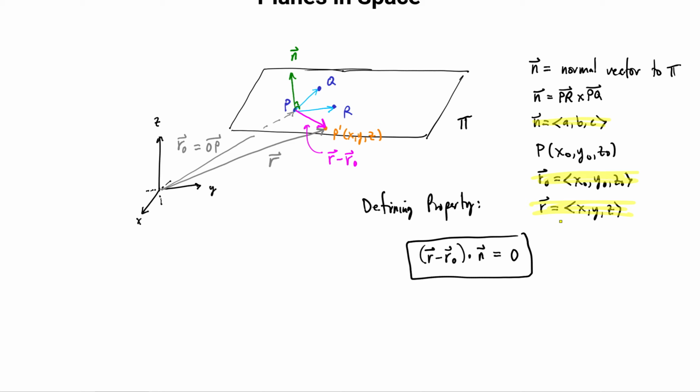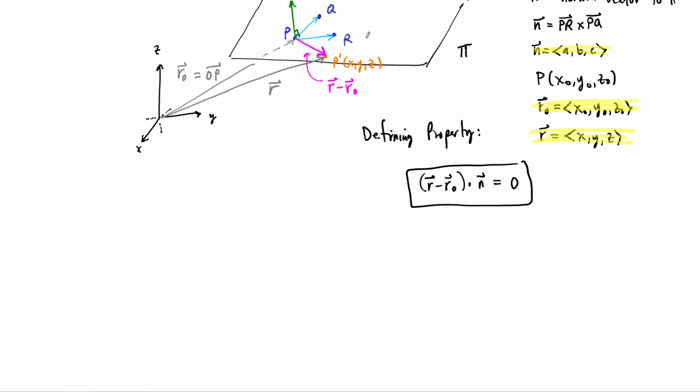We want to use all three of these things to write out an equation of our plane. And we can do it. So r minus r naught is going to be a vector. We can just do the subtraction. We know what we're doing by now, so it's component by component: x minus x naught in the first component, y minus y naught in the second, z minus z naught in the third.